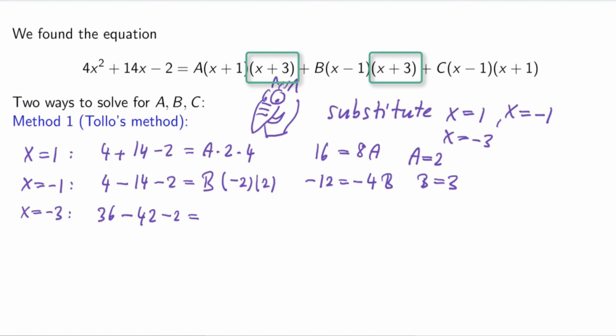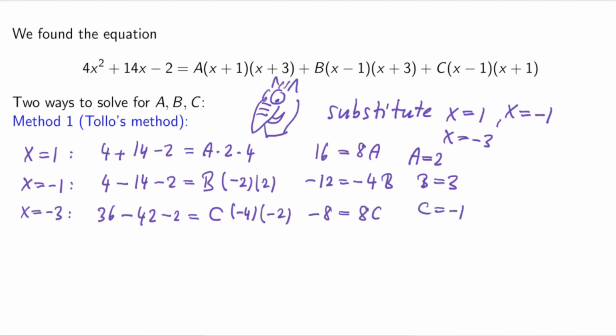Only need to worry about the c term. Subbing in minus 3, we get a minus 4 there, and in the back we get a minus 2. We get minus 8 equals 8c, so c is minus 1. Oh, fantastico! So we found the a's, the b's, and the c's.